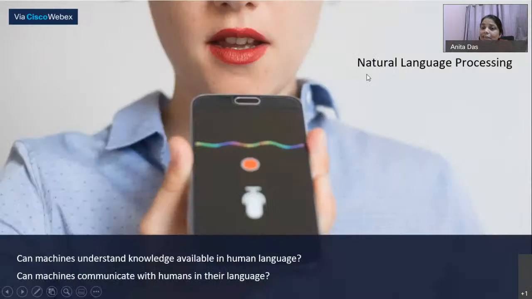Another technique is natural language processing. You might have seen in this pandemic period how bots were helpful, right? Whatever query we have is answered by bots like a human. So the question is, can machines understand knowledge available in human language? Or can machines communicate with humans in their language? Yes, and the technique is natural language processing.